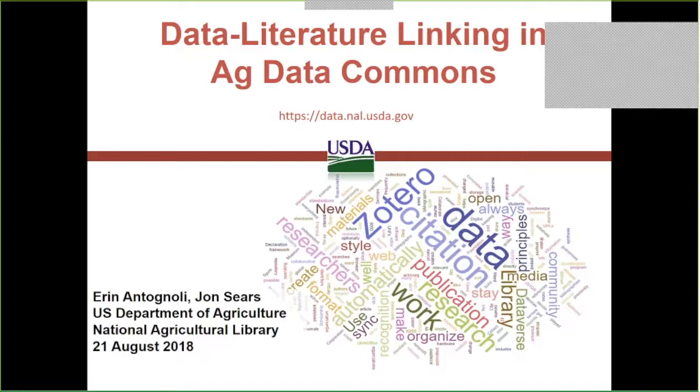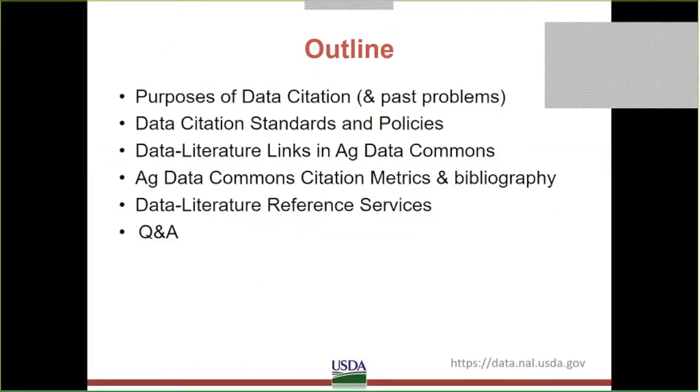Then we will go through some different types of links that we capture in Ag Data Commons and show our citation metrics and bibliography. And lastly, we'll take a quick overview of some current data reference products and initiatives. And then we'll have time for questions, answers, and discussion.